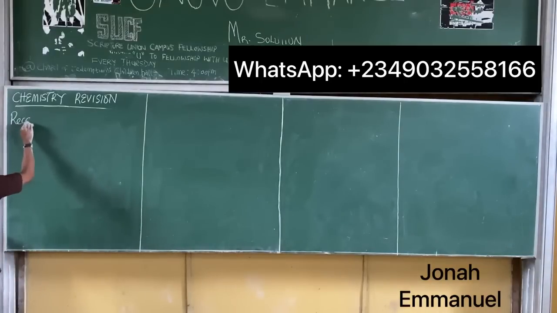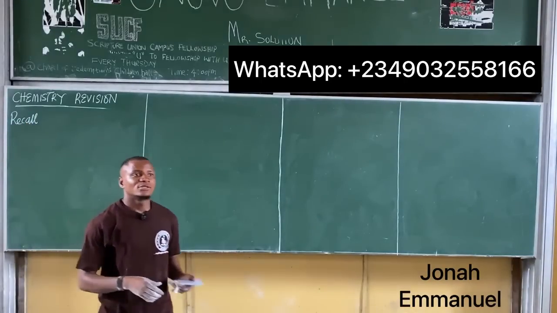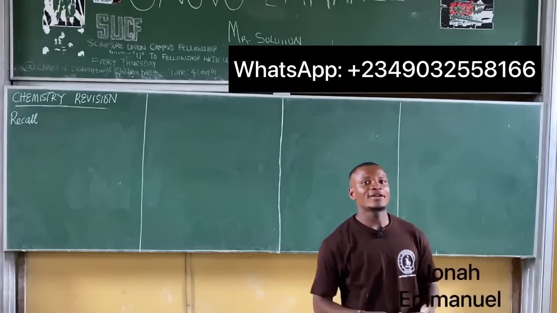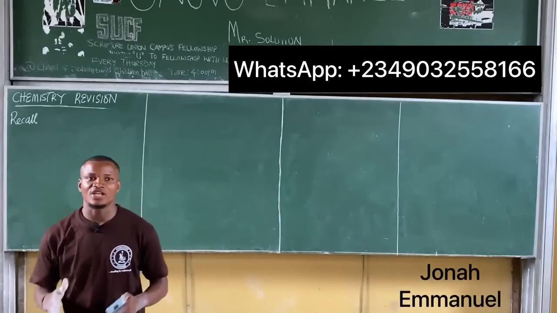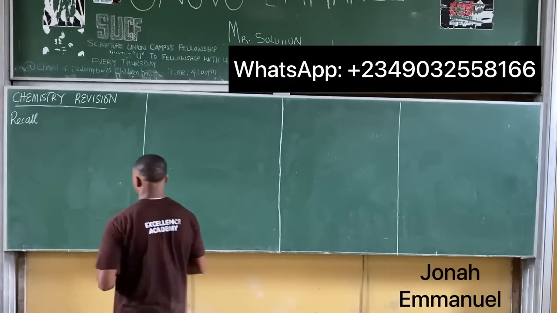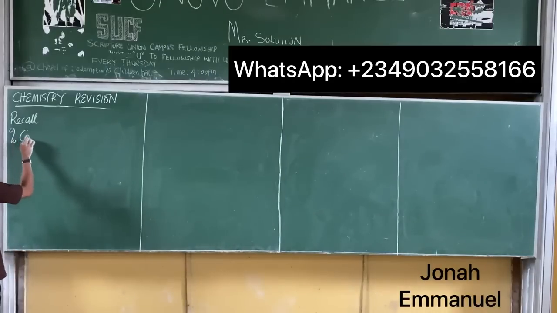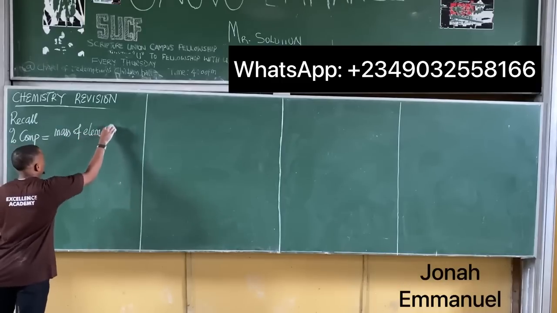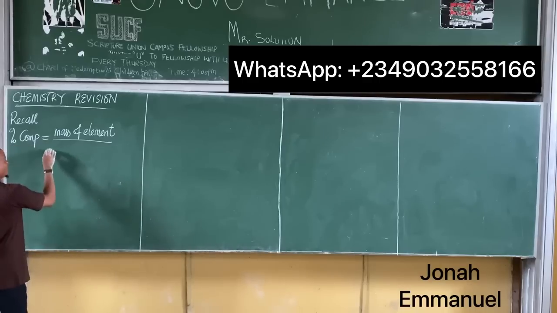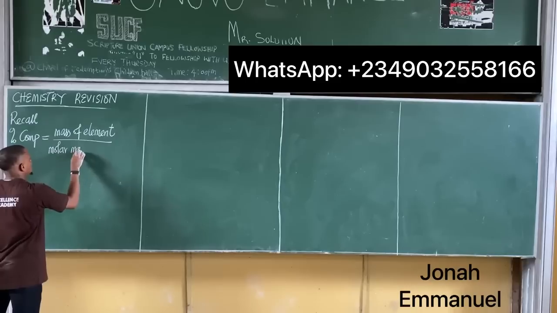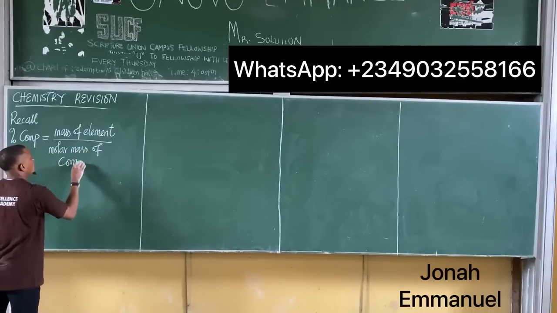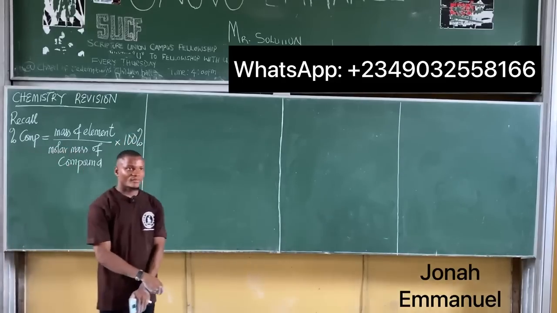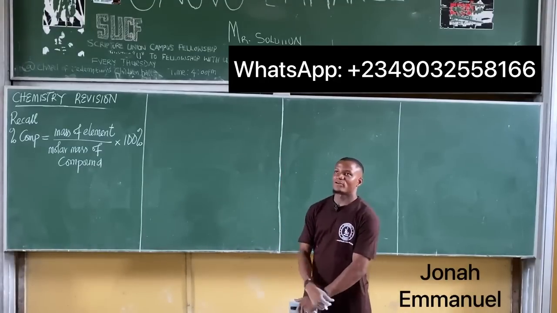Recall that the percentage composition of an element in a compound is given by the mass of the element, all over the molar mass of the compound, times 100%.